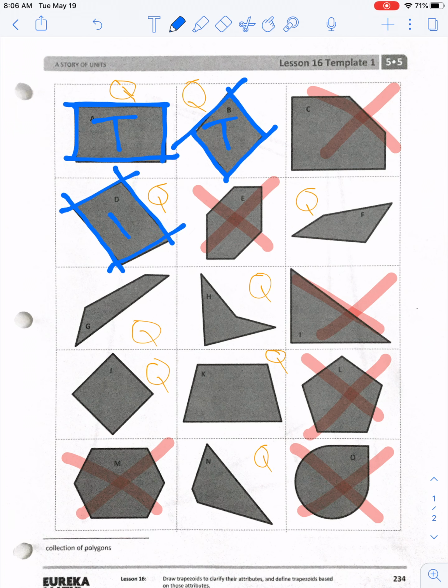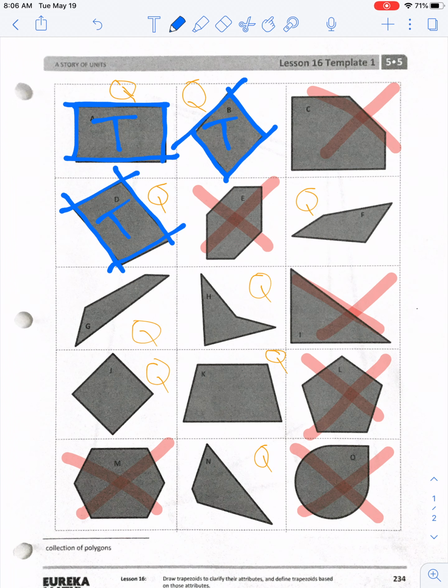F. I do not see parallel lines in F. Okay? This angle and this line right here is going to eventually run into this line. So F is not a trapezoid. So I'm just going to leave it there.